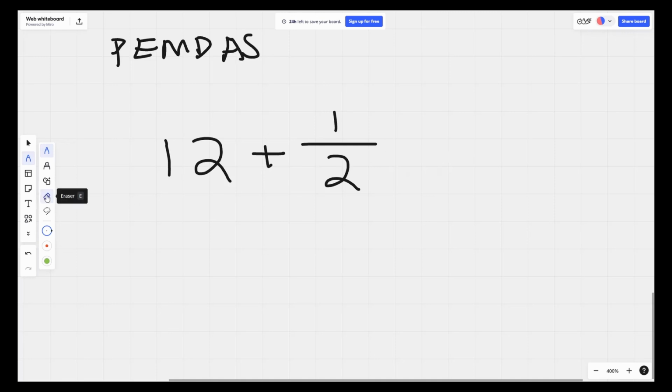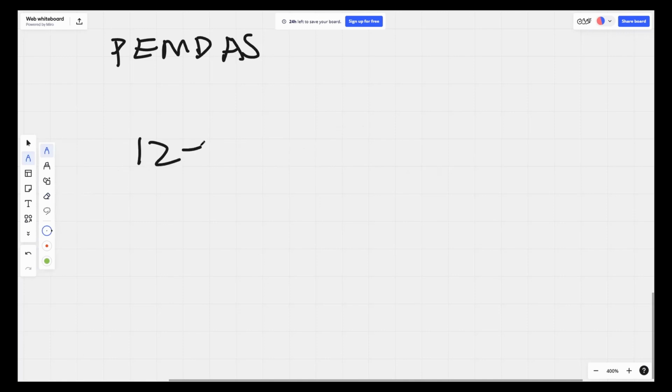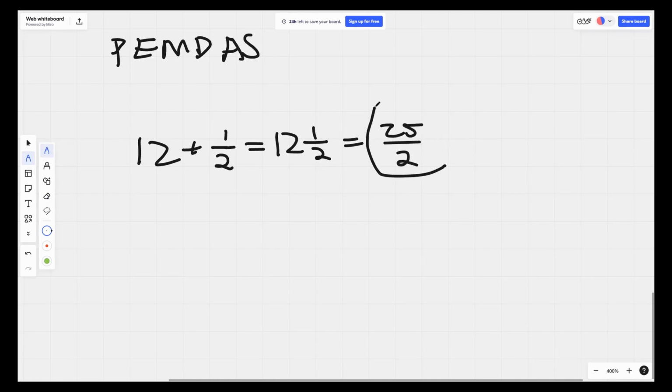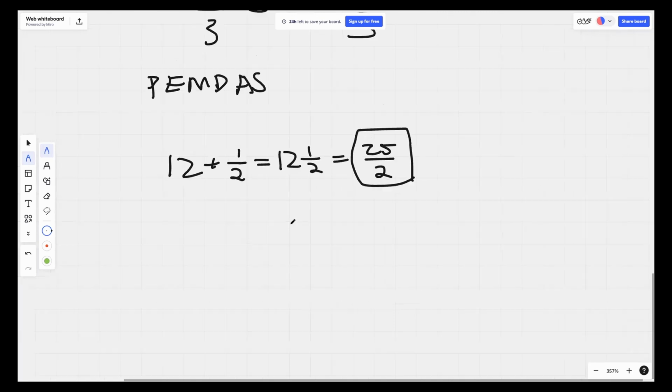So 12 plus 1 over 2 can either be a mixed fraction, like 12 and then 1 over 2, not 1 over 12, 1 over 2. Or I can write it as an improper fraction, which would be 25 over 2, right? So there we go. So that is our final expression.